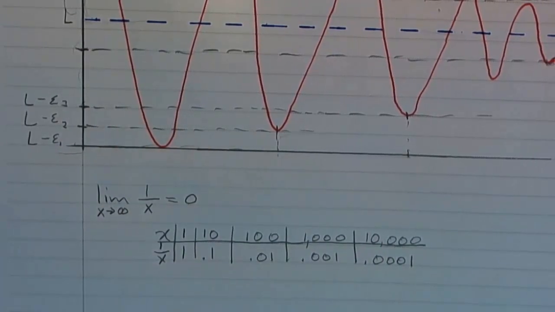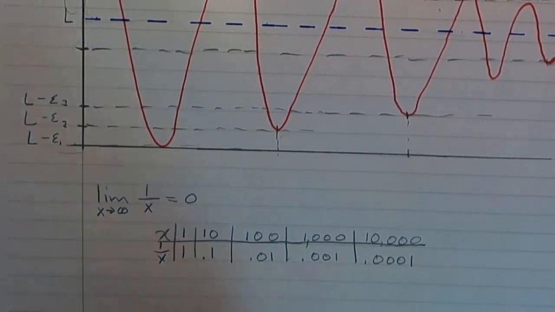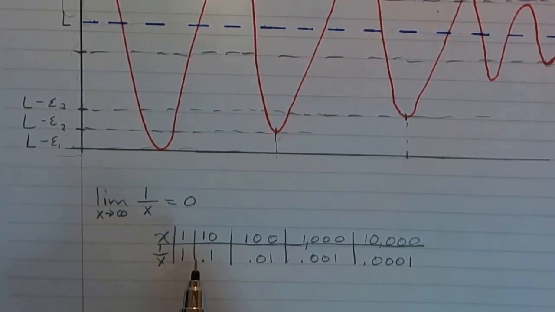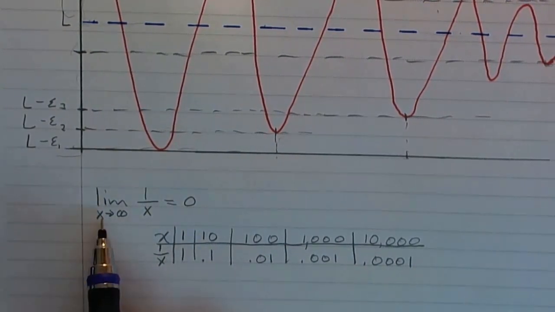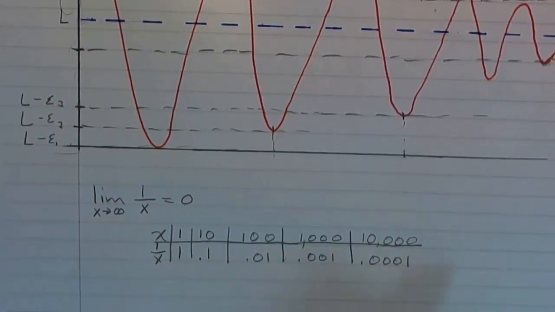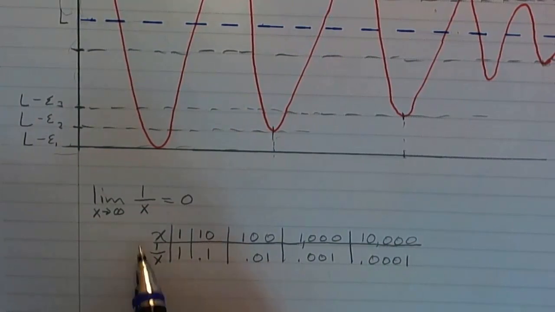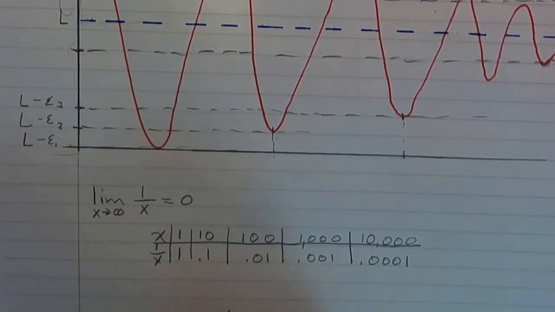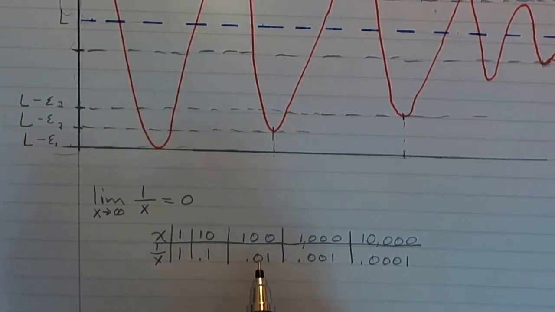Now, it wouldn't matter if we went in the negative direction, right? We could say, well, what happens as x goes to negative infinity? Well, if x goes to negative infinity, we're just going to still have 0. The function is still going to tend towards 0.